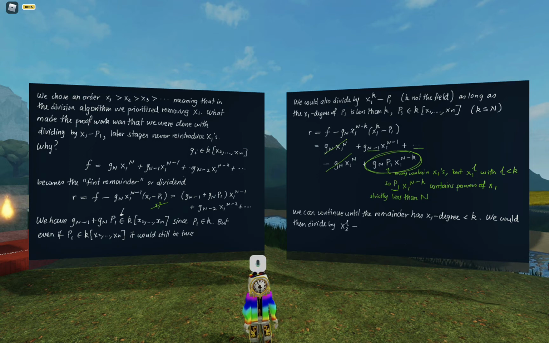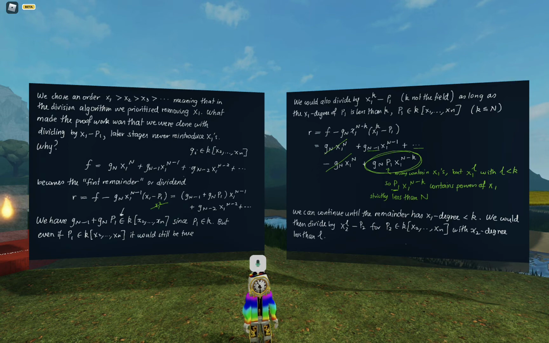Okay. So everything would work as long as P2 didn't involve x1s anymore, and that should have x2 degree less than k.